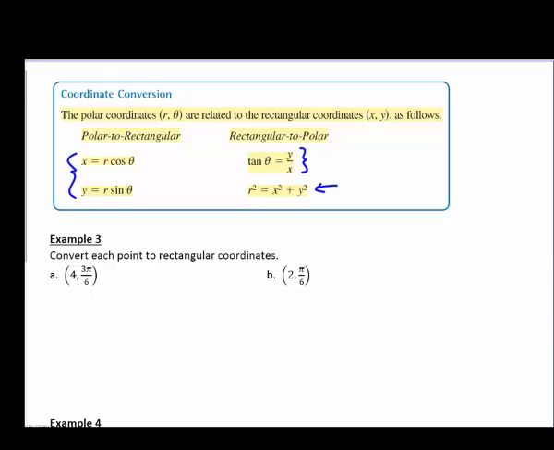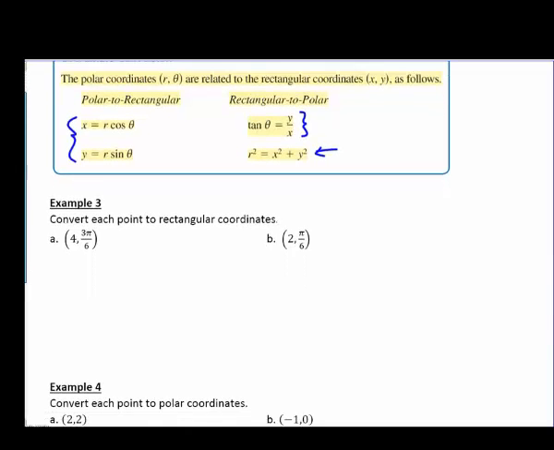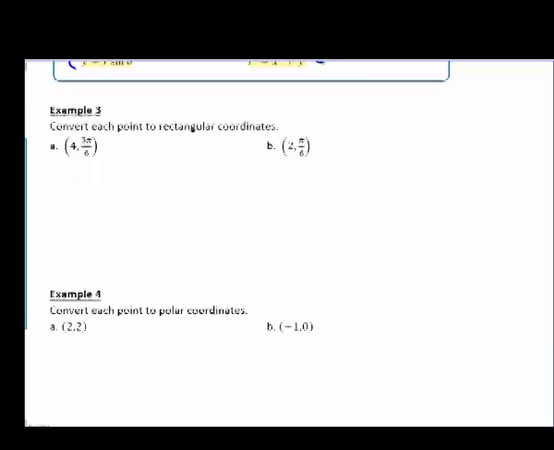So for example number 3, we are going to convert the point from polar to rectangular. We know that x is equal to r times the cosine of theta, which was pi over 2. So we get 4 times the cosine of pi over 2, which is 0.